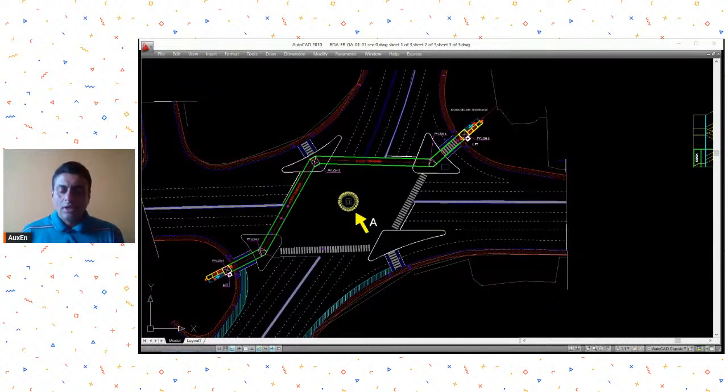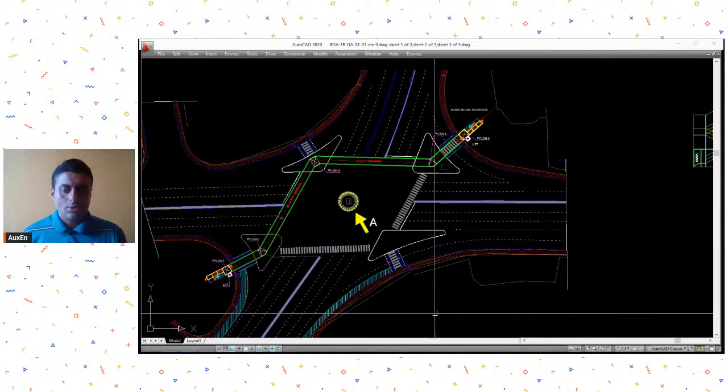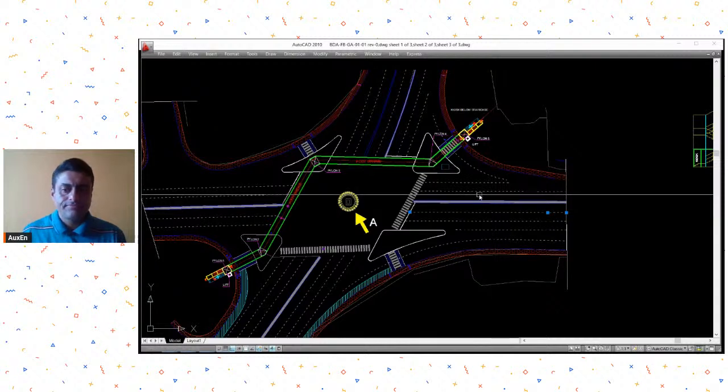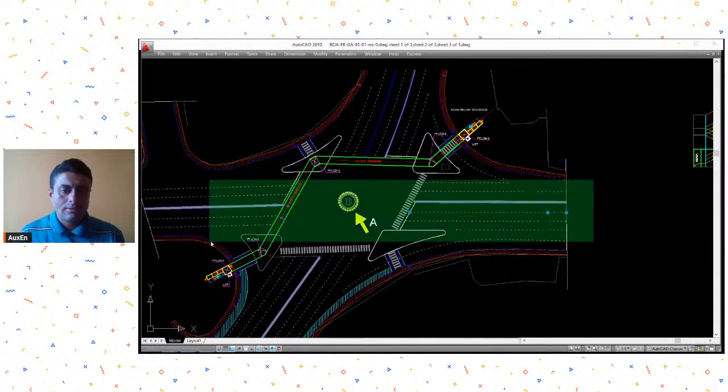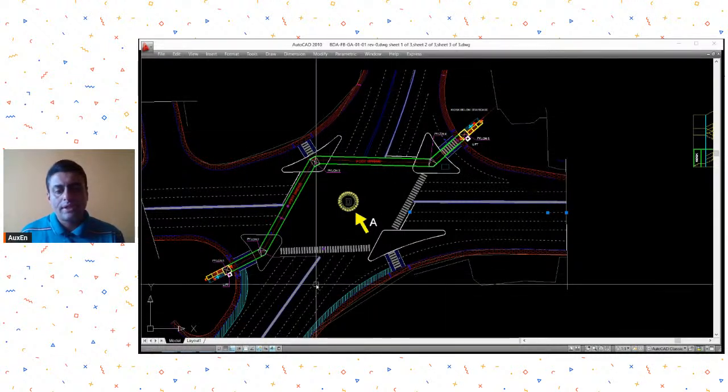Right. So this is the AutoCAD drawing of this bridge project, and it's a big intersection of two roads going in opposite directions. You can see this is a main road going over here. This is one road, and then you have a road at an angular intersection.